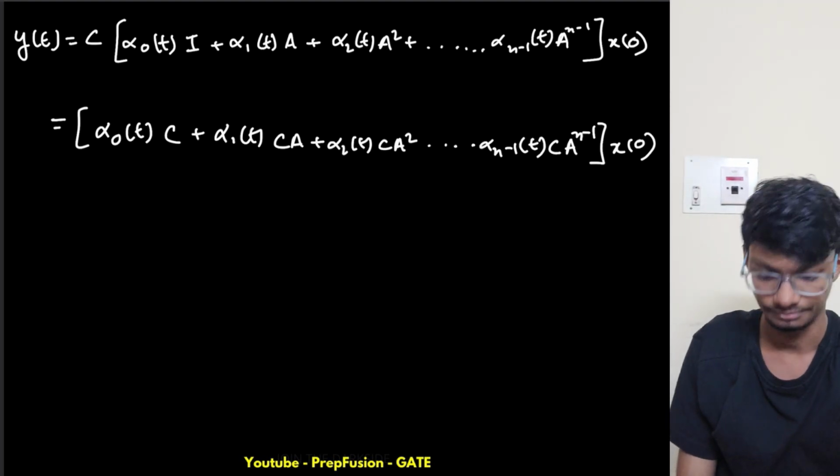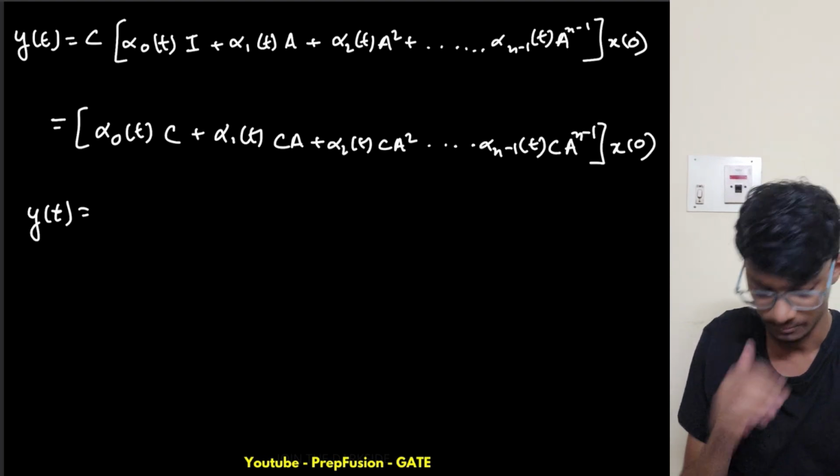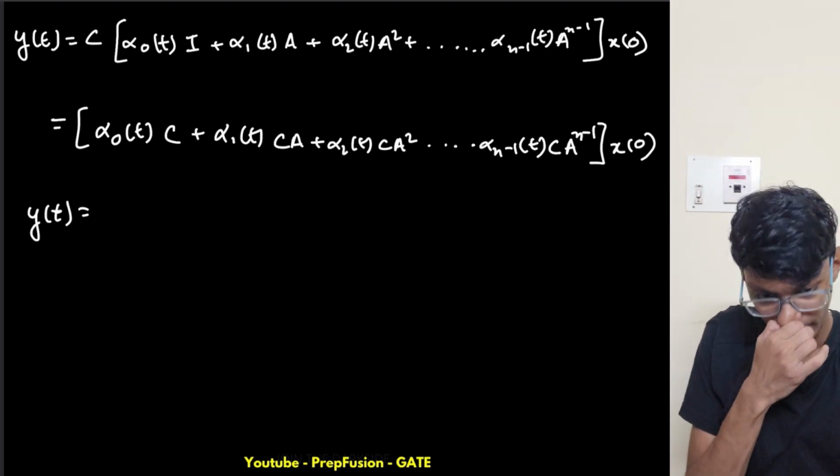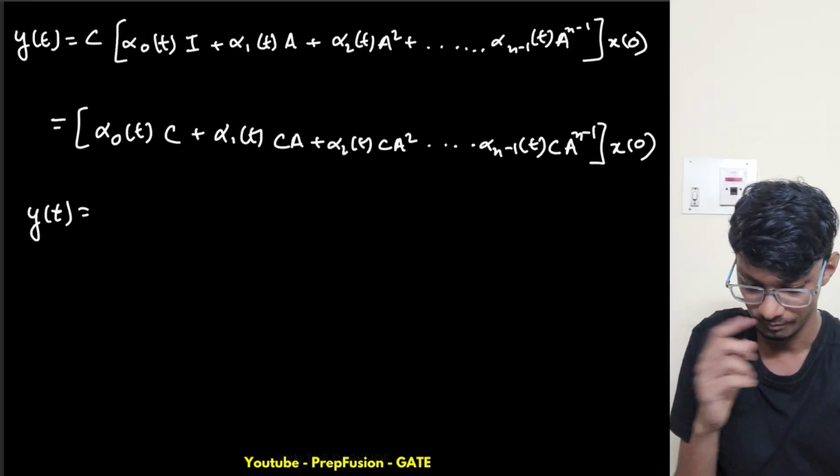So now what is my y of t equal to? I can write this in terms of another matrix with the same form.